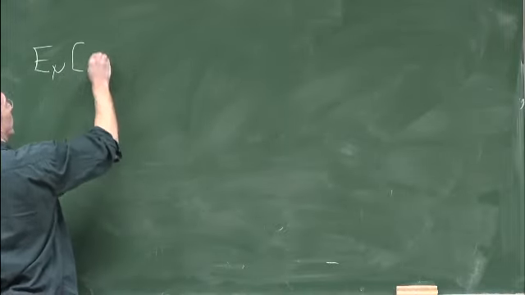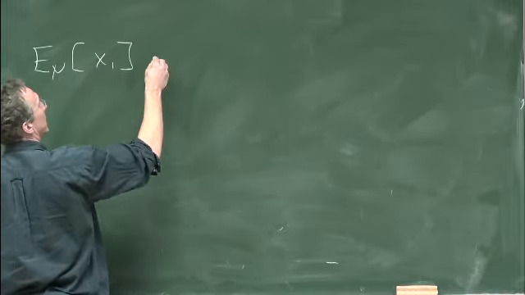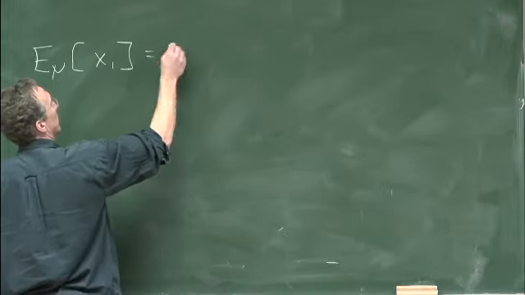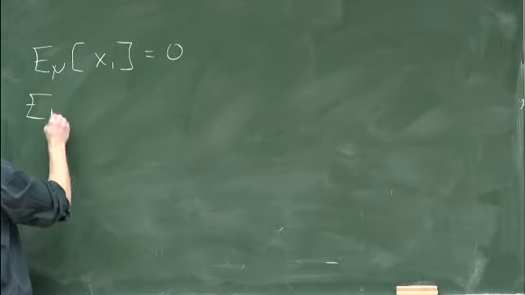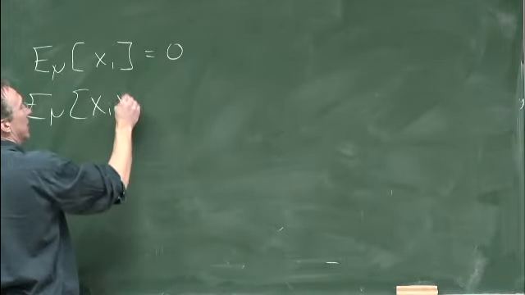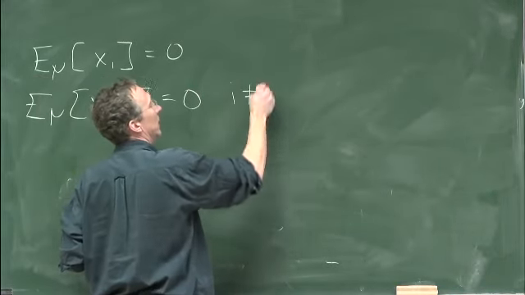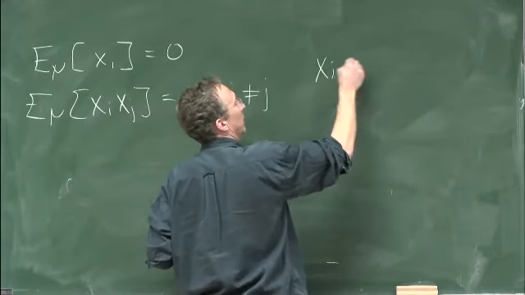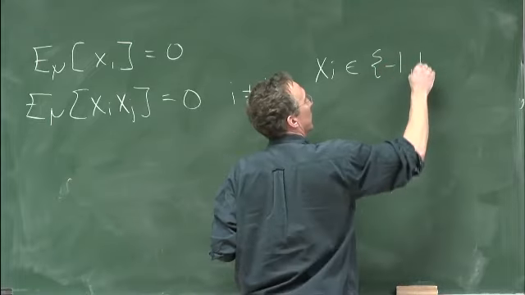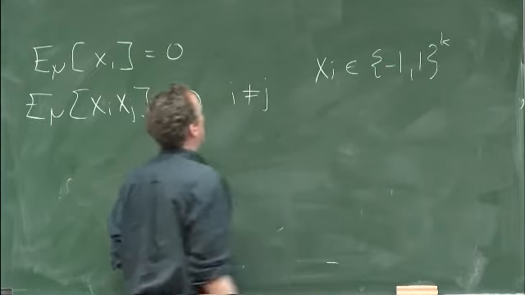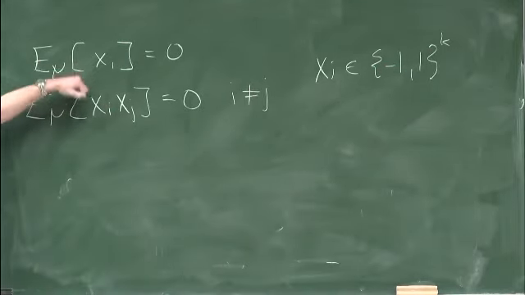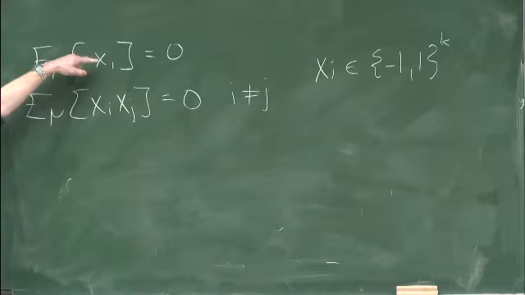So we want that the expectation of xi, according to the measure, is 0, and the expectation of xi xj is equal to 0, for i not equal to j. Remember that I define things to be -1, 1. So if you have a measure where each point has expectation 0 and the product of any two has expectation 0, that's a pairwise independent measure.